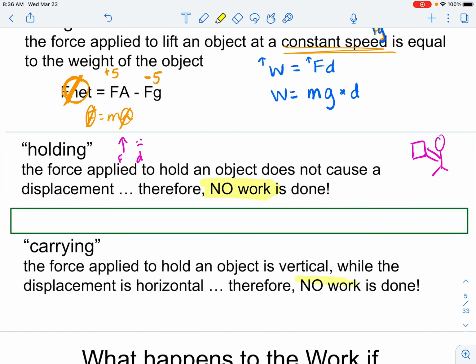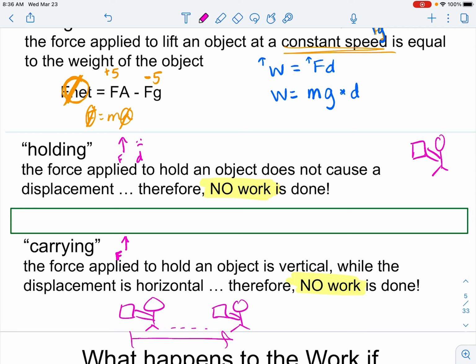If we are talking about carrying a box, we are also going to say that no work is done. Now, this one trips people up quite a bit, but let's think about this. If I am carrying a box, I am applying a force, and that force is upward. But if I'm over here with my box, and then I walk over here with my box, the force that I'm using to hold the box in place is a vertical force.